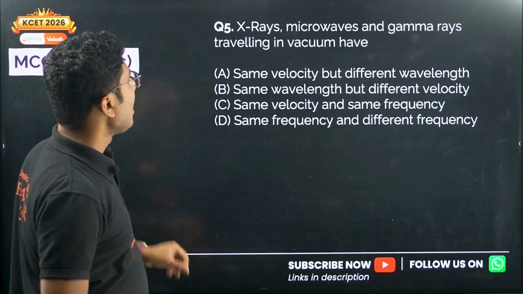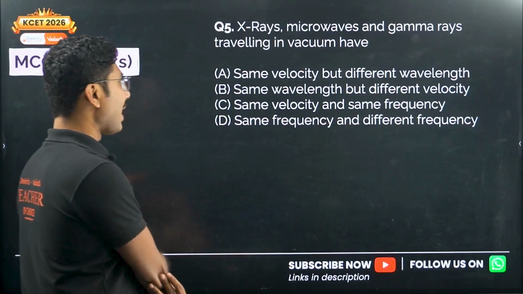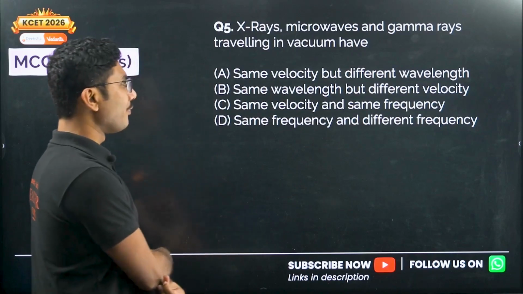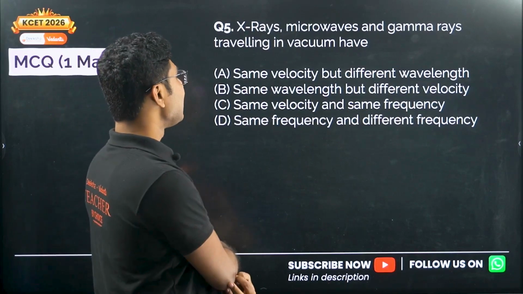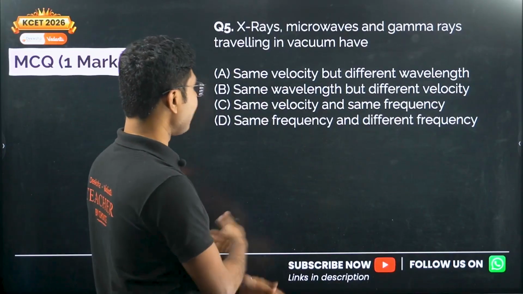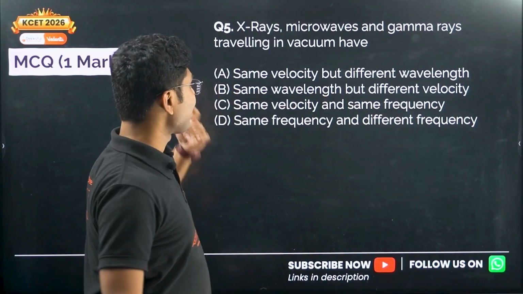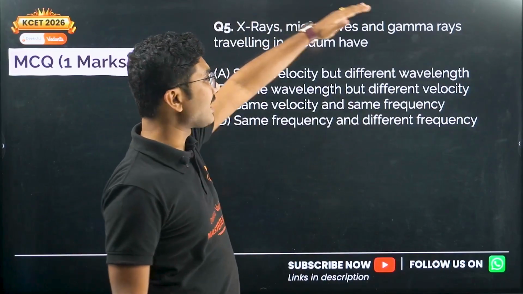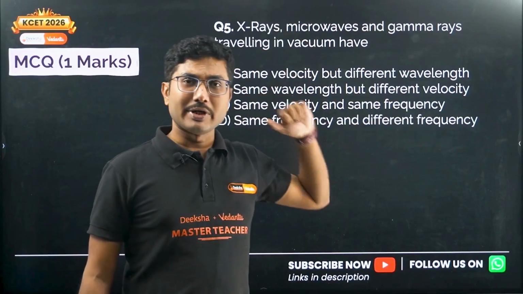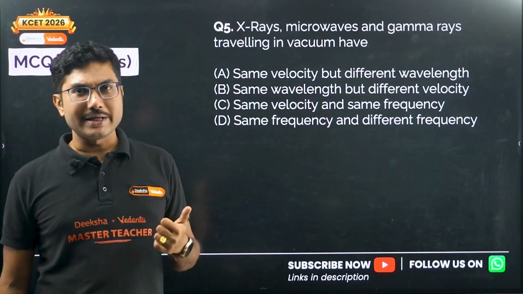Next, X-rays, microwaves and gamma rays traveling in vacuum have same velocity but different wavelength, same wavelength but different velocity, same velocity and same frequency, or same frequency and different frequency. I think this should be different wavelength. First of all, X-ray, microwaves and gamma rays are all electromagnetic waves. All electromagnetic waves travel with the speed of light, which is equal to 3 into 10 to the power of 8 meter per second.